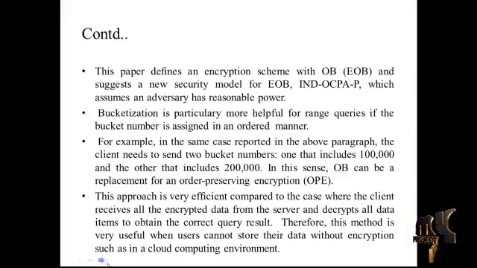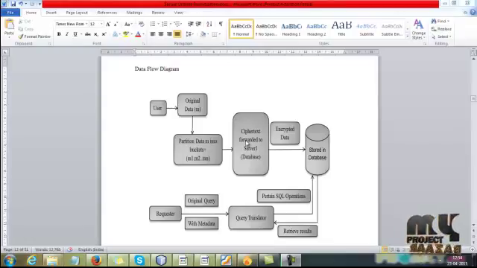This approach is very efficient compared to the case where the client receives all the encrypted data from the server and decrypts all the data items to obtain the correct query result. Therefore, this method is very useful when users cannot store the data without encryption, such as in a cloud computing environment.